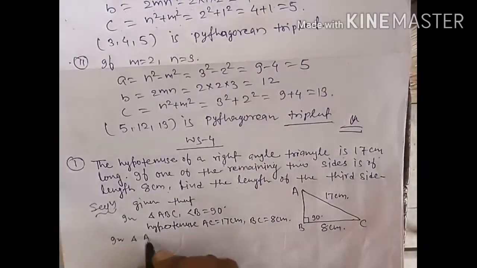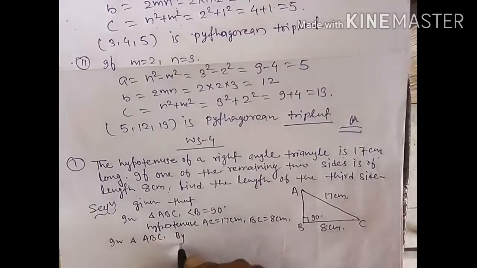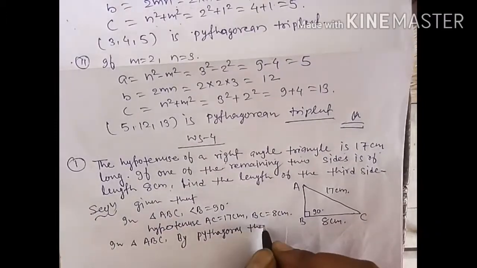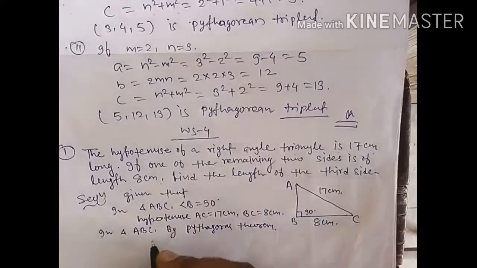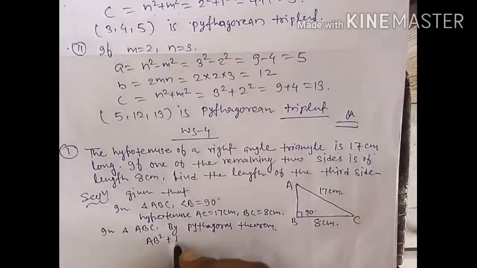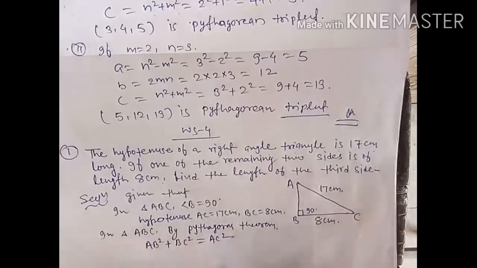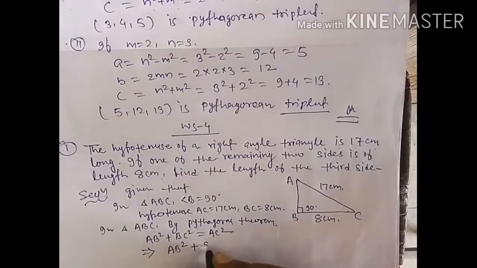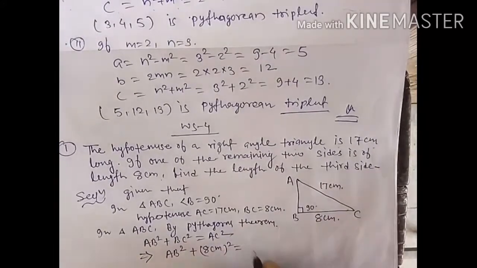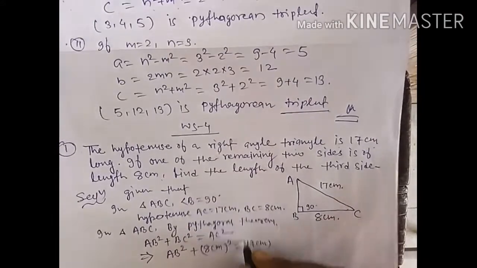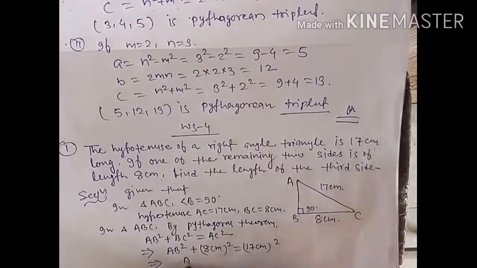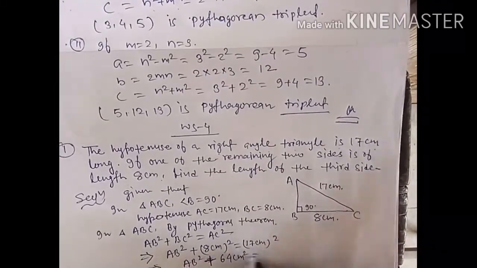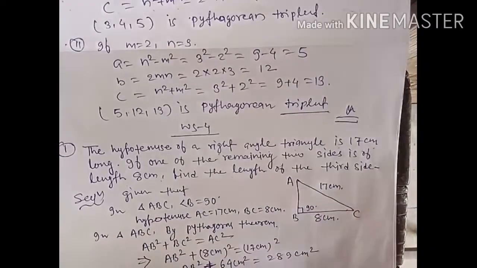In triangle ABC, by the Pythagoras theorem, AB square plus BC square is equal to AC square. Here AB square is not given, and BC square is 8 centimeter whole square and AC square is 17 centimeter whole square. So we get AB square plus 64 centimeter square is equal to 289 centimeter square.